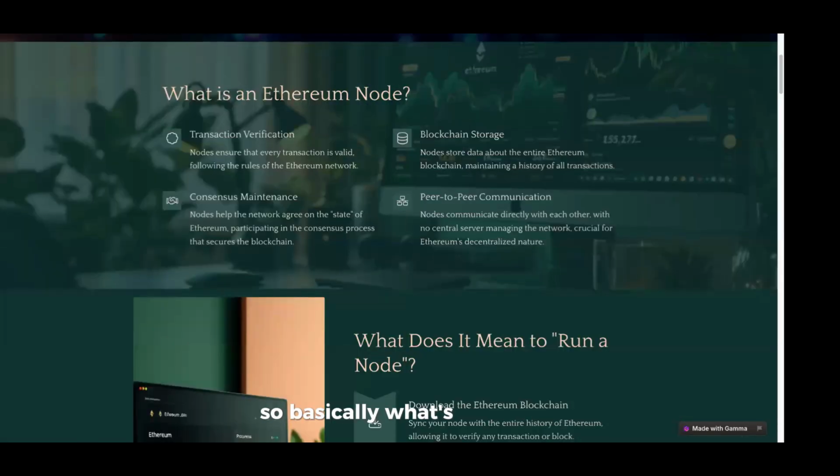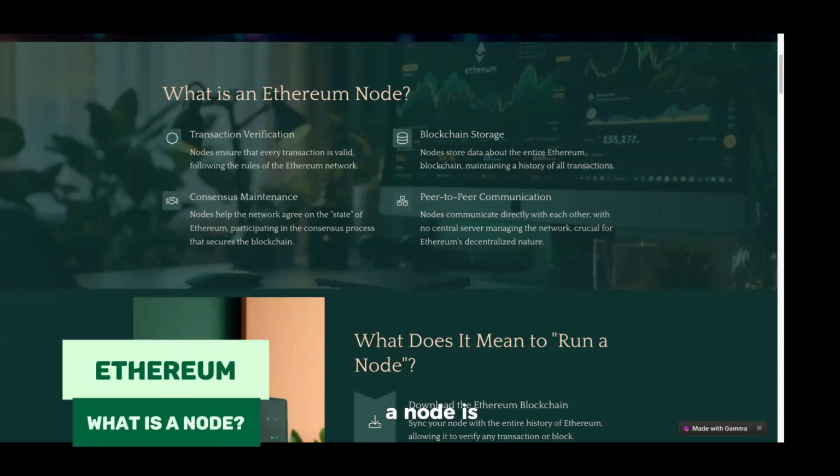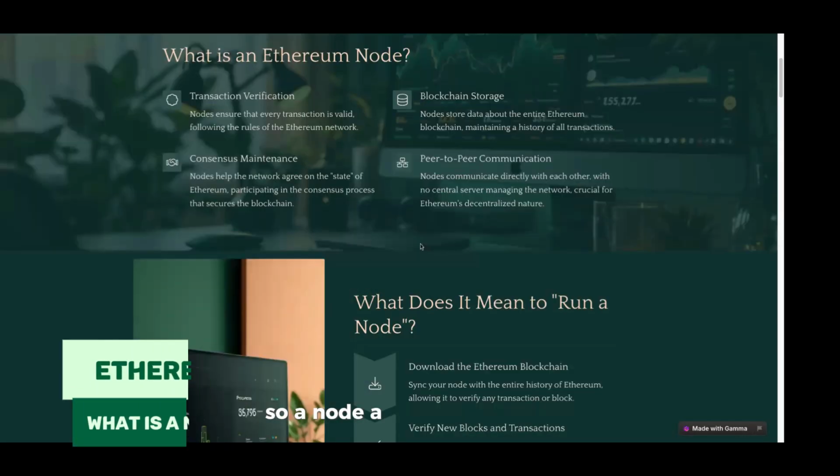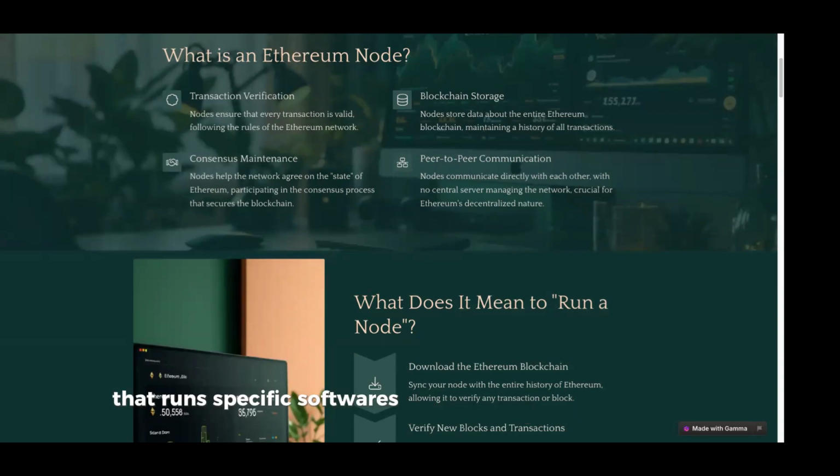So basically, what's a node? A node basically is a computer that runs specific software, and for Ethereum they are called clients. And these softwares participate in the network.